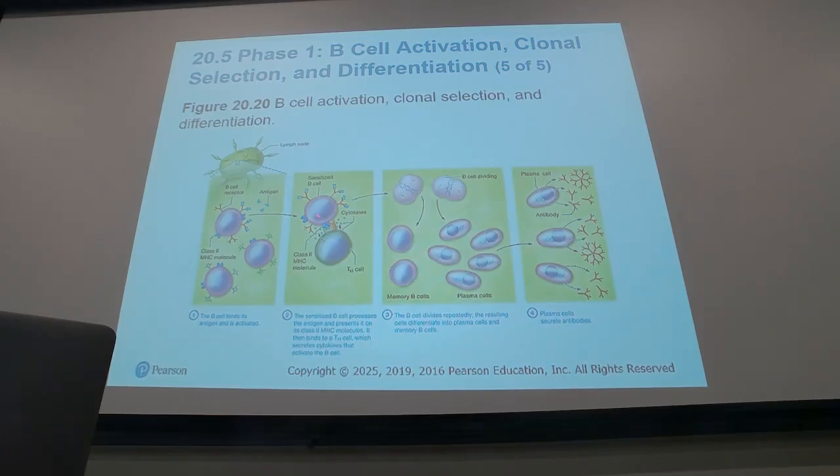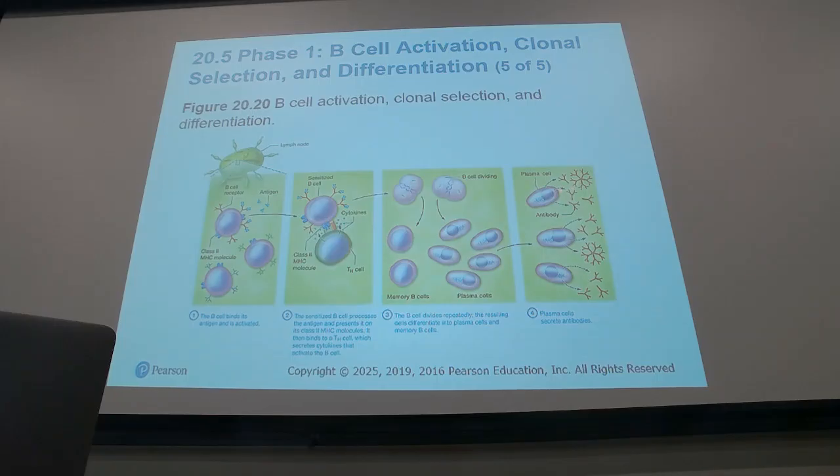Then you will have this physical interaction between the helper T cells and these B cells, with the antibodies sandwiching these antigens, and then you will form memory B cells and plasma cells.